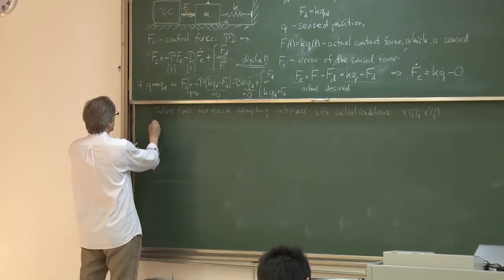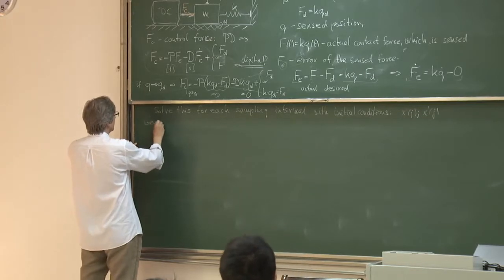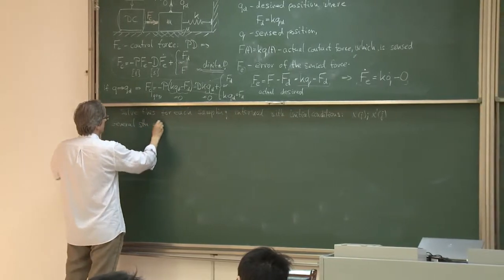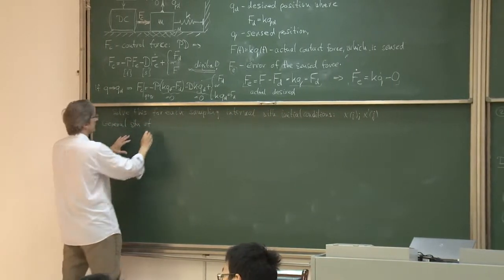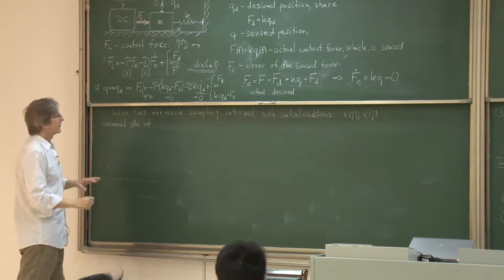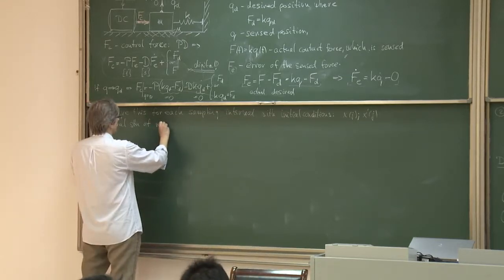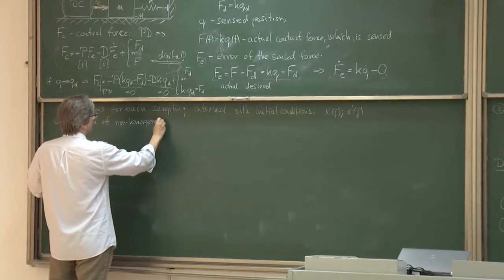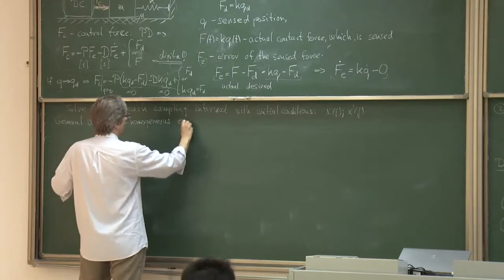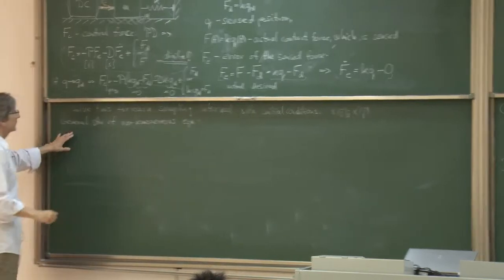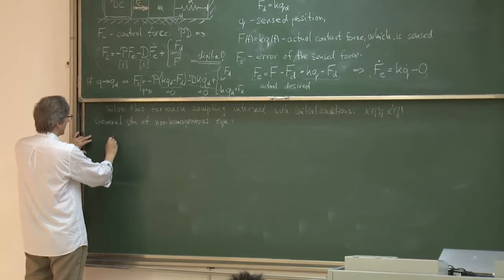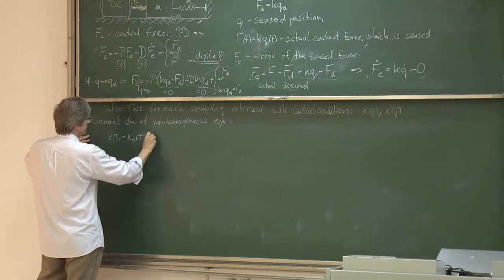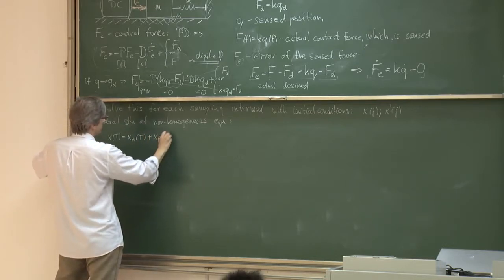Anyway, I will start with the general solution of the non-homogeneous equation. It will look like x of t equals x homogeneous t plus x particular t.